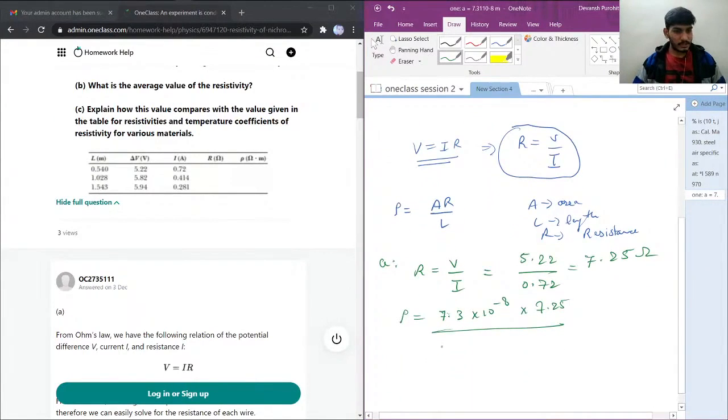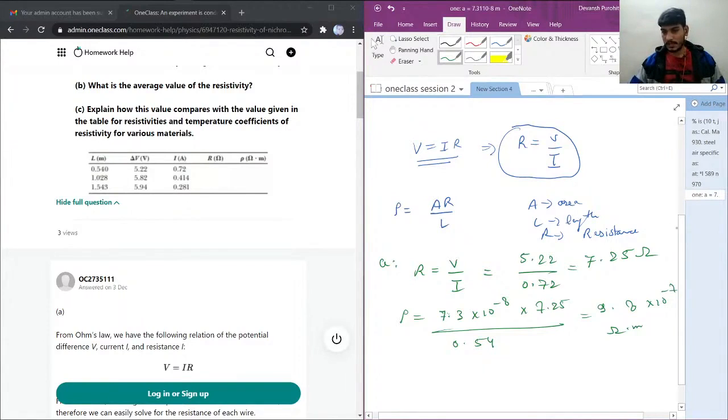So length is 0.54. This is 7.3 times 10 power negative 8 times 7.25 over 0.54. This will be 9.8 into 10 power minus 7 ohm meter.